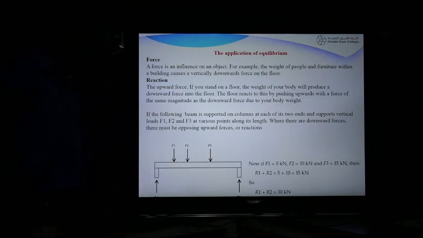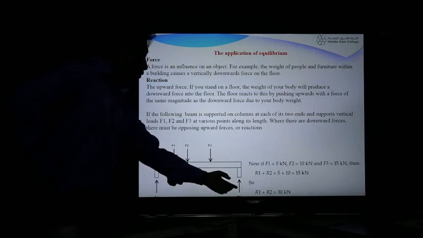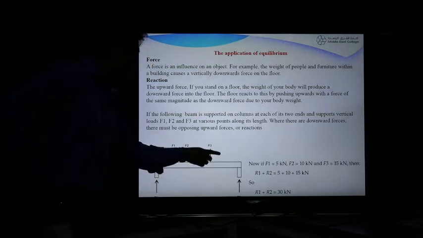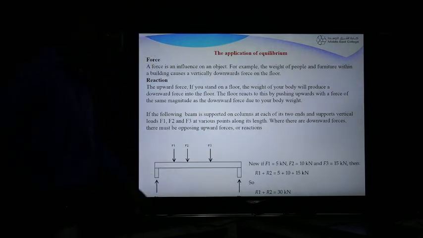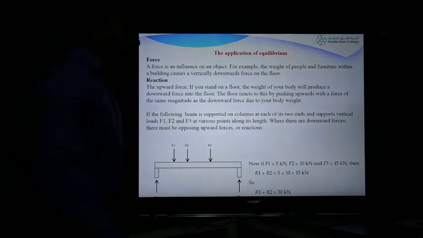As we discussed, the total downward force is equal to the total upward force, so R1 plus R2 is equal to 5 plus 10 plus 15. So R1 plus R2 is equal to 30 kilonewtons. The sum of R1 and R2 equals the total load acting on the beam.